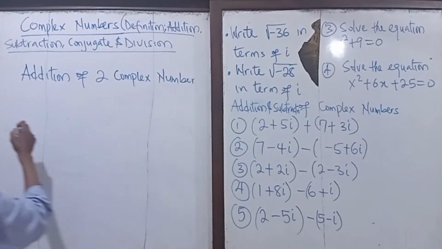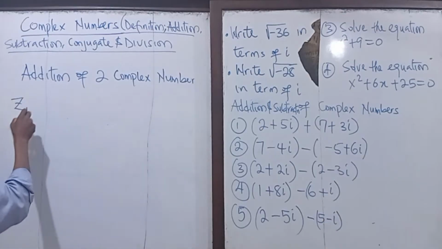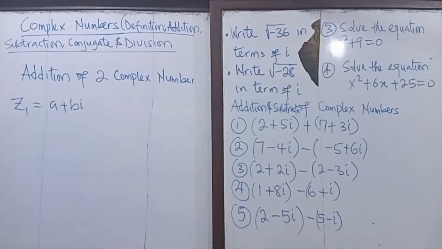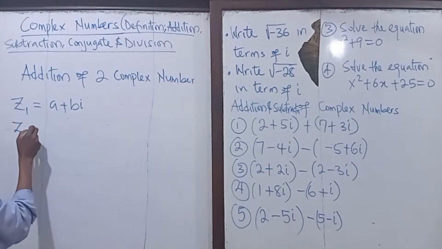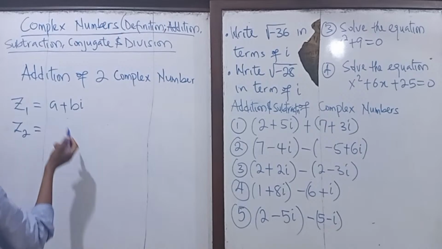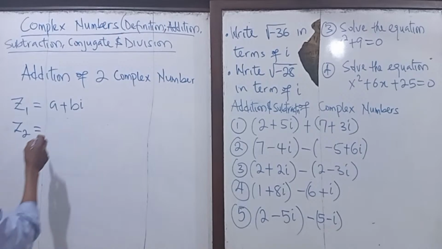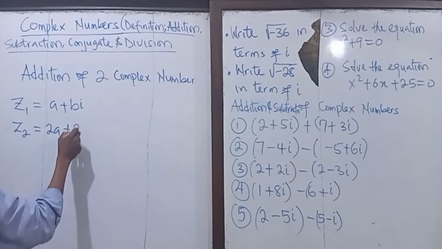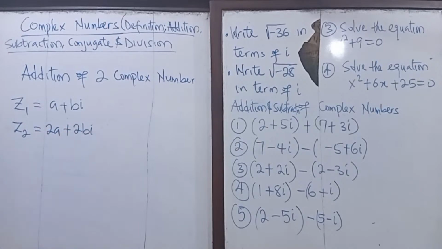Okay. For example, let's say you have z1 is equal to a plus bi. Okay, and then you have z2 equal to, let's give it 2a plus 2bi, and you want to add z1 plus z2 together.